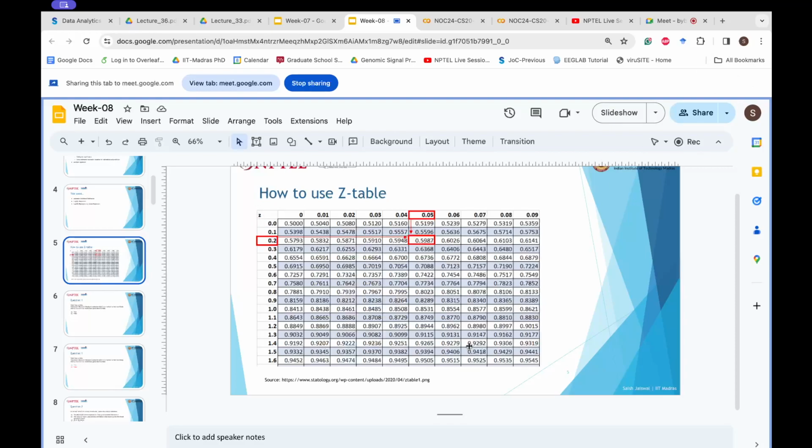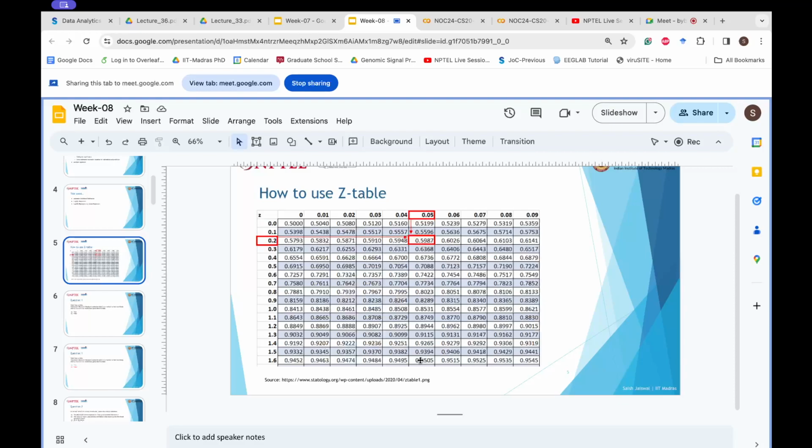Similarly, in the case of the T table, you will have one more piece of information, degrees of freedom. Given the T value and the degrees of freedom, you will have a particular CDF associated with it, and then to compute the p value, depending on whether it is an upper tail test, lower tail test or two tail test, you will have to compute the p values accordingly, and we saw it in the previous sessions.